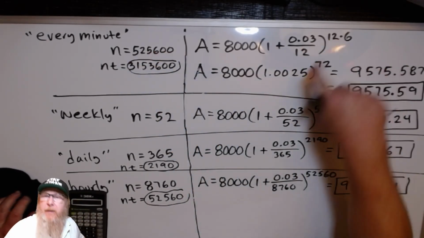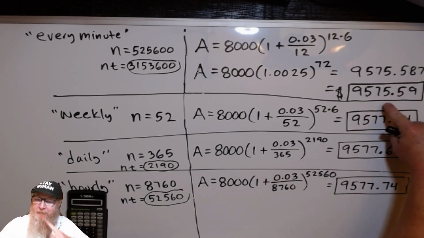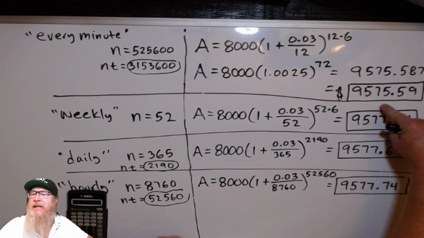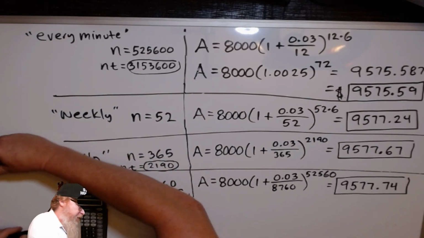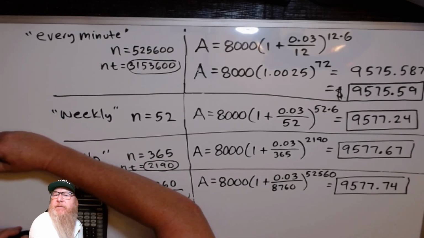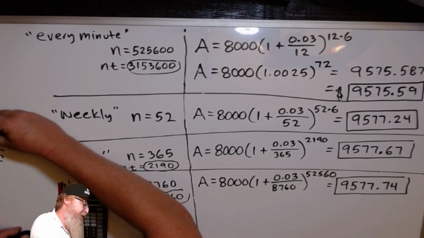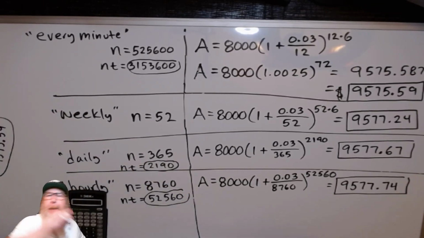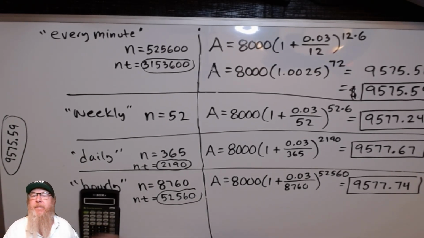That's going to go up here. I'm going to have to erase this. Maybe I'll save it. Here, I'll save it over here. 9,575.59. I'm saving it off screen, although you can probably see it. There it is right there. So this was monthly.